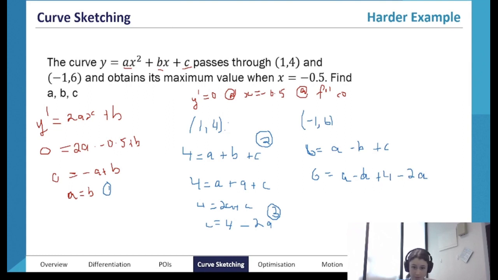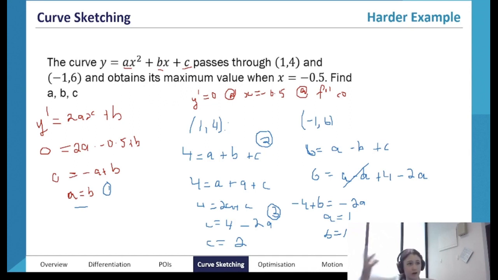So a take a is going to cancel, and we're going to get negative 2a. We take that 4 over to the other side, which gives us that a is equal to 1. Therefore, b is also equal to 1, remember, because a equals b. And then we can sub this in here to find c. So we get 4, take 2 times 1, which is just 2. So these are all of the values for a, b, and c.